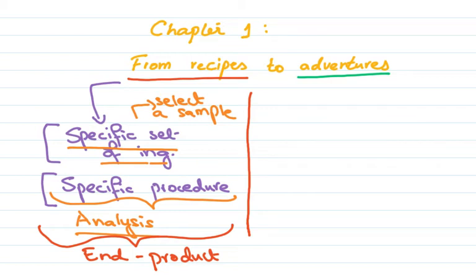Now, when you think of adventures, what are some of the things that come to your mind in contrast to recipes? With adventures, there's always this likelihood that something new or something unexpected will turn up, right?